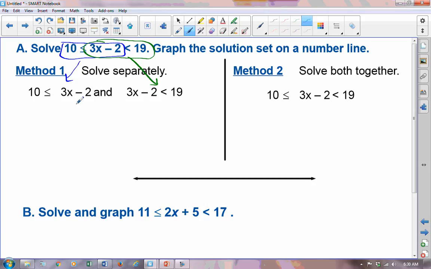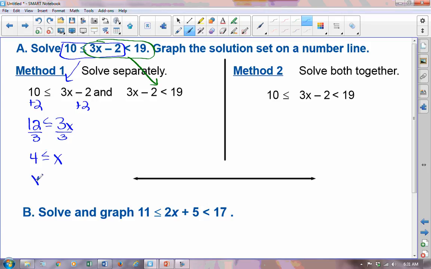So here we will add 2. And we have 12 is less than or equal to 3x, and then divide by 3. So we have 4 is less than or equal to x. Now, if I was going to rely on this to help me with my shading, I need to flip this inequality and mirror it so that the x is on the left side so that I understand which direction I would be shading.